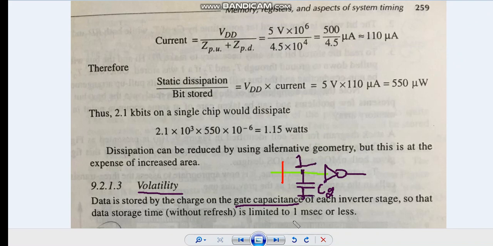The maximum time it can store that bit is 1 millisecond. Within 1 millisecond we need to refresh it, else data leakage takes place. That is the meaning of volatility. So the maximum time data can be stored in the gate capacitance is 1 millisecond or less. If you don't refresh, the data may leak. The refresh operation is important in order to maintain our data.